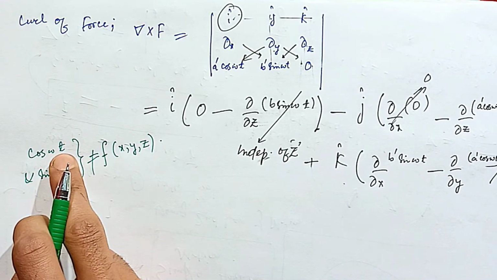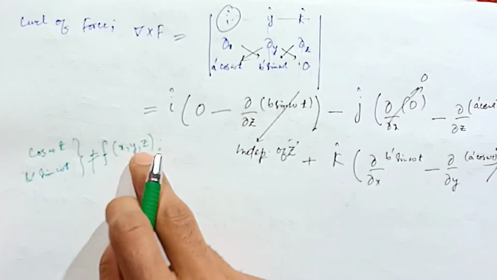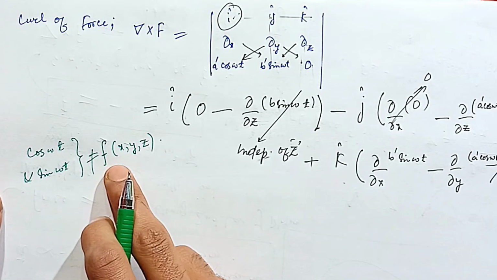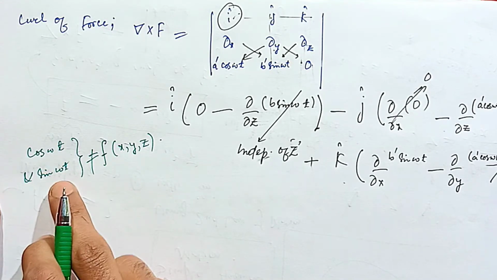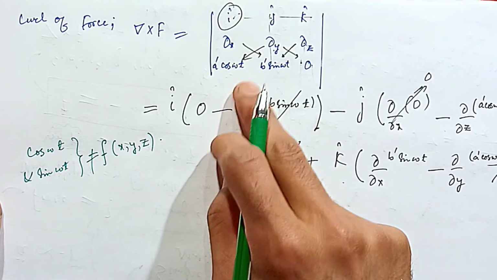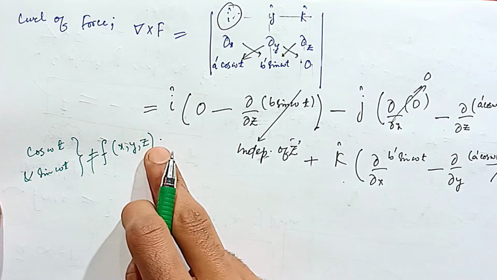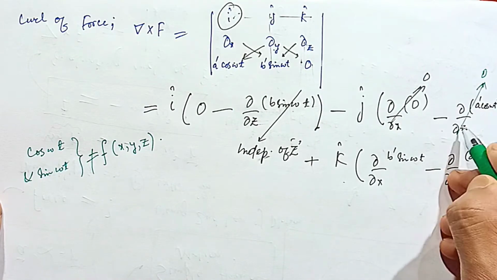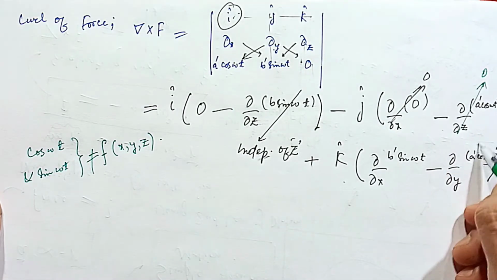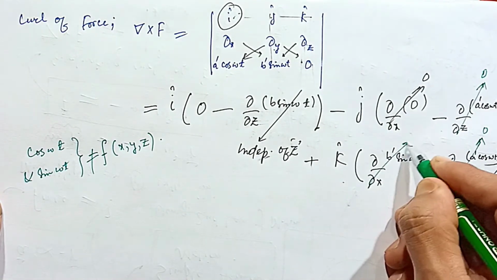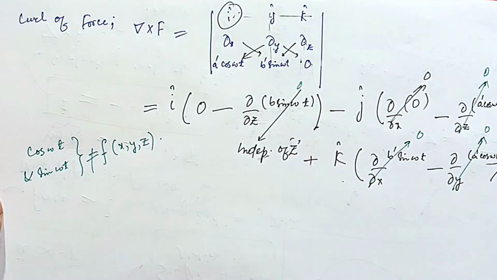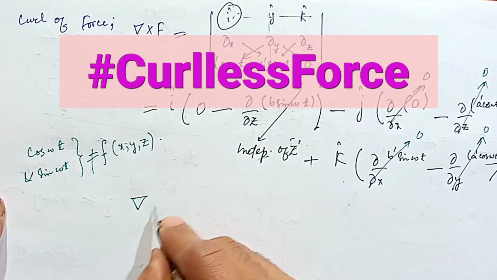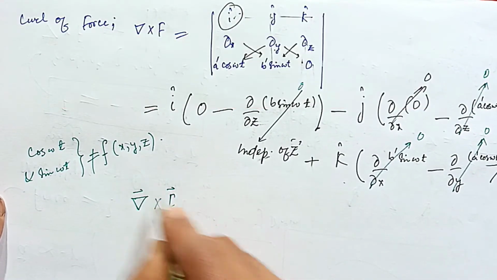They are functions of time, not functions of the Cartesian coordinates x, y and z. So this will be 0, because differentiation of a constant is 0. This will be 0, this will be 0, and this will also be 0. So the whole curl of the force will vanish.